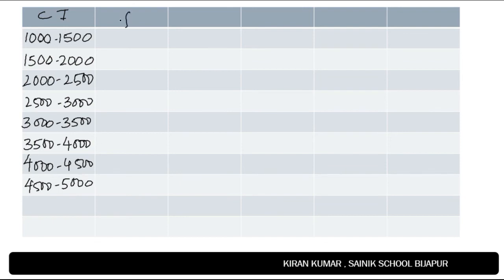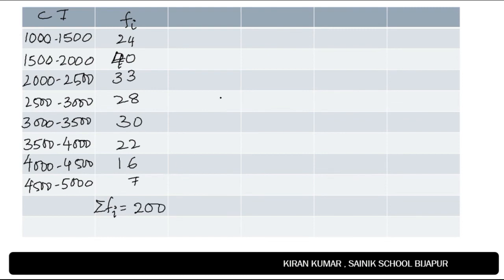and the respective frequencies fi are 24, 40, 33, 28, 30, 22, 16 and 7, and the sum of these frequencies is 200 because 200 families are mentioned.